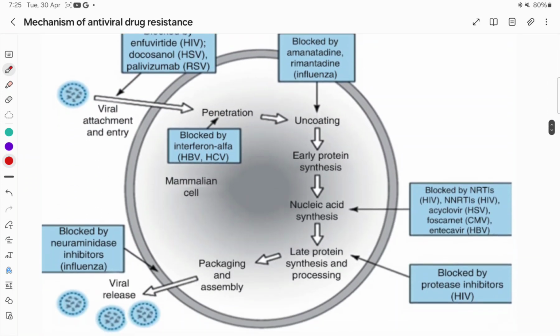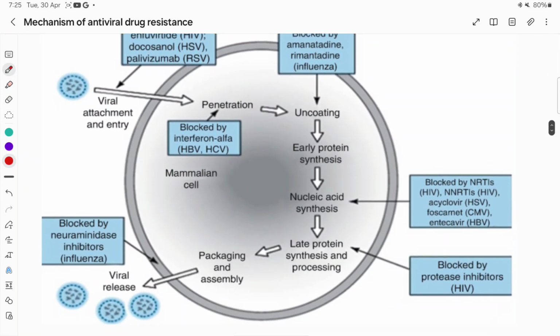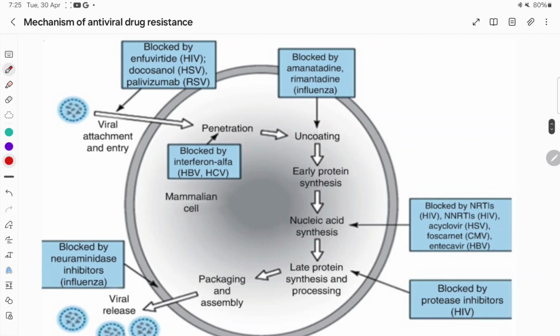So accordingly, the targets can be the attachment and penetration. Some are killed extracellularly before entering the host cell. Then penetration can be blocked, the uncoating can be blocked, the nucleic acid synthesis can be blocked, then the protease can be blocked, the action of neuraminidase can be blocked.